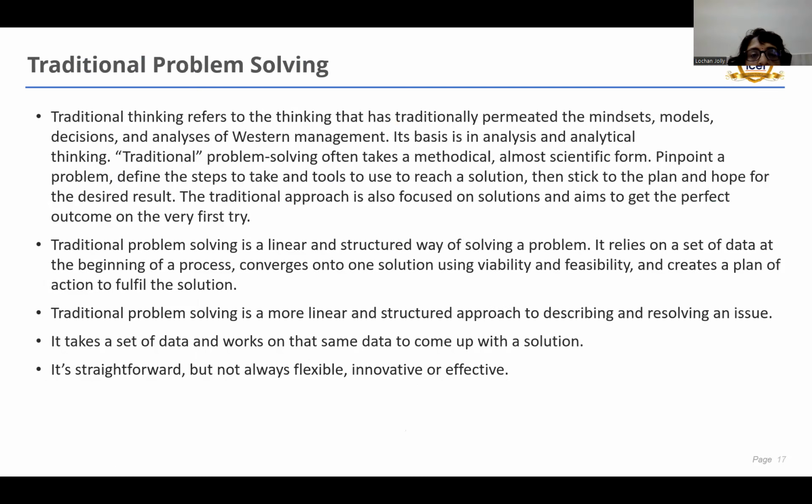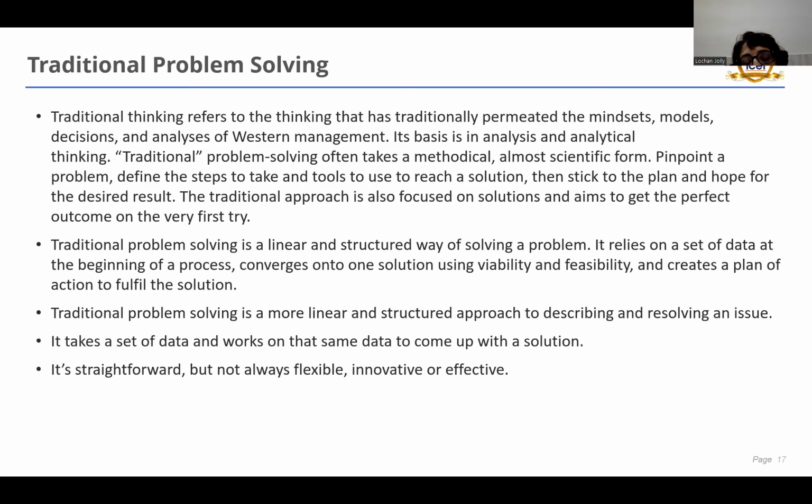Then we came to another way of classifying problem solving, the traditional approach versus the design thinking approach. The traditional approach focuses on the solution based approach, and design thinking focuses on the problem based approach.